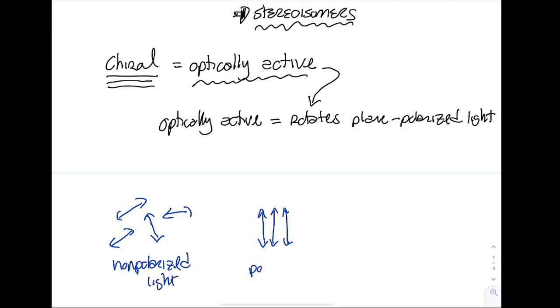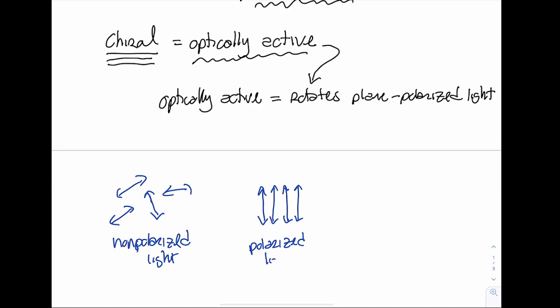This is polarized light. So when we say plane polarized, that's what this is showing. So my light is all just going in one direction here. So it's all lined up on one plane. So you could put the word plane in front of it, right? If it's all lined up on one plane, it's plane polarized.